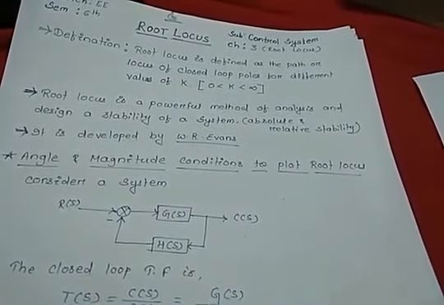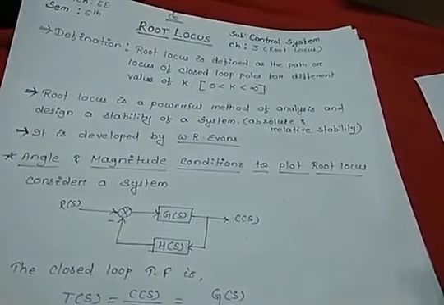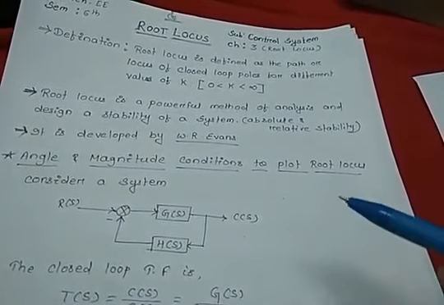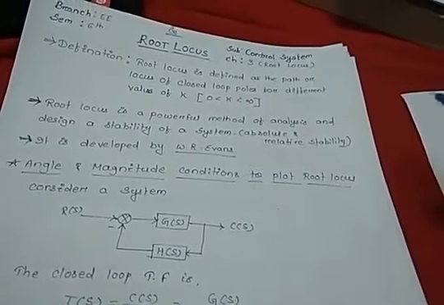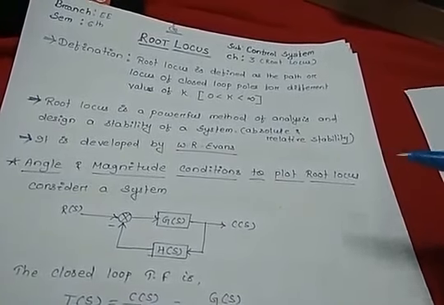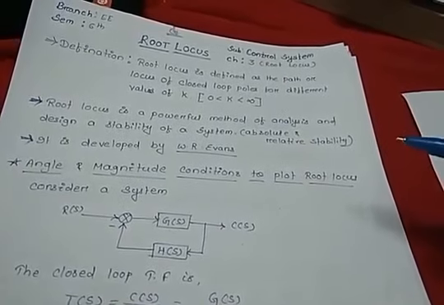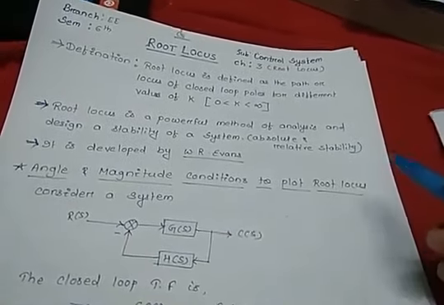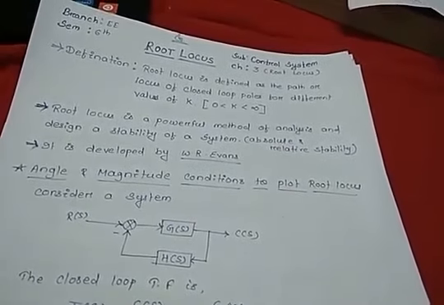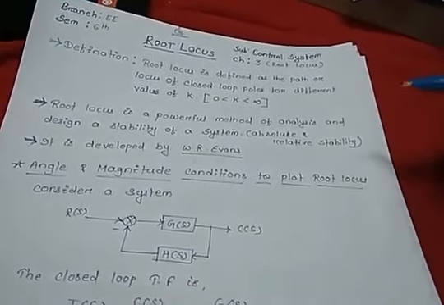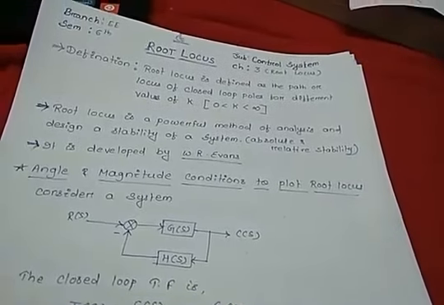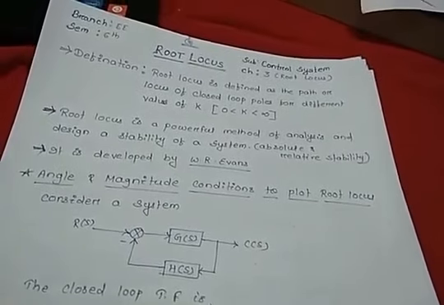We know there are different methods to find the stability of a control system, and one of the most important and powerful methods is root locus. It gives information about the absolute stability as well as the relative stability of a system, and we can design this system by adjusting this gain K to the desired location of the closed loop poles.